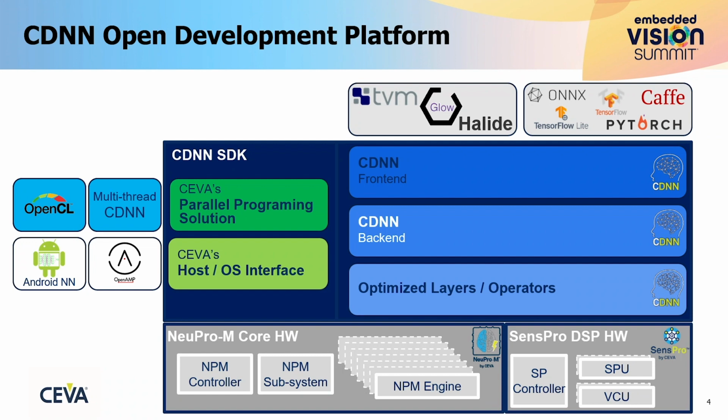We also supply optimized layers and operators libraries, as well as connectivity solutions to hosts like ARM, for instance, or RISC-V via the host OS interface. So this is regarding the CDNN SDK.